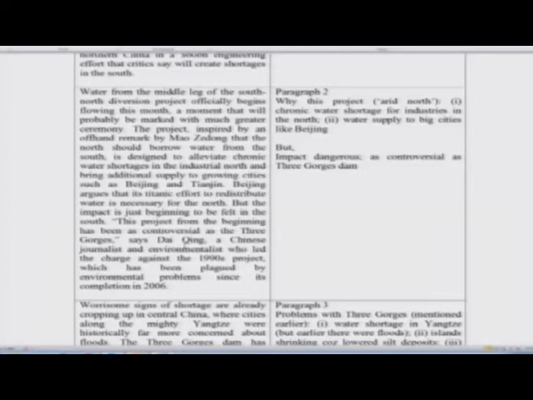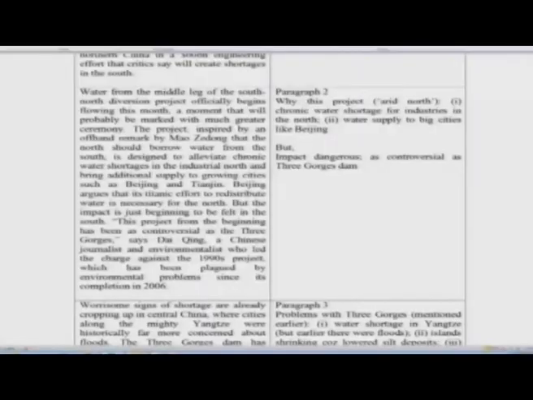So, we know that the writer is not very happy with this particular project and is going to present his arguments why this project is not good. The second paragraph, look at how it begins. Water from the middle leg of the south-north diversion project begins flowing, a moment that will probably be marked with much greater ceremony.